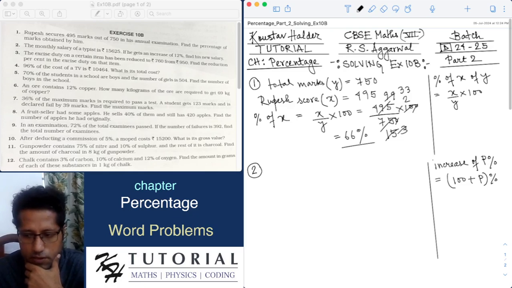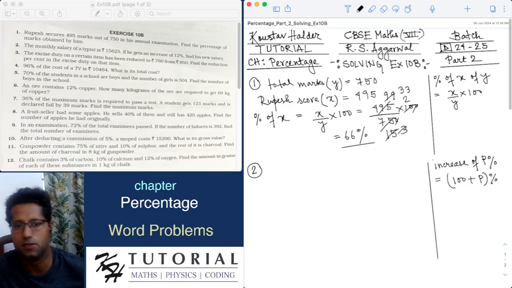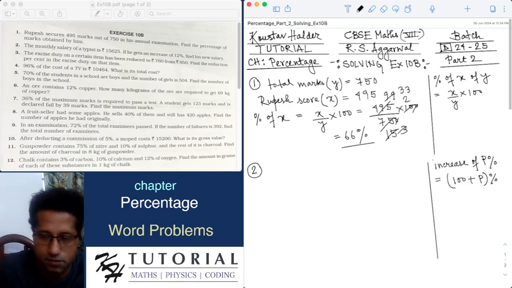Now, if some quantity is increased by some percentage, that means that it is increased on 100%. That is 100 plus. If the percentage of increase is 10%, then it means 110%. If it is an increase of 5%, then it means 105%. This you should understand well and keep in mind.